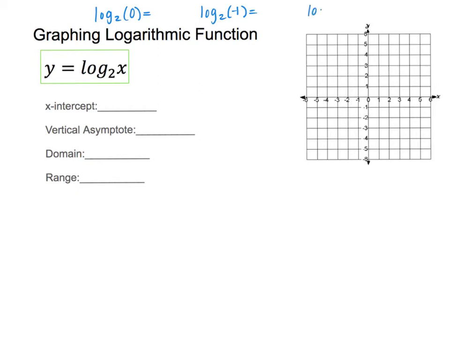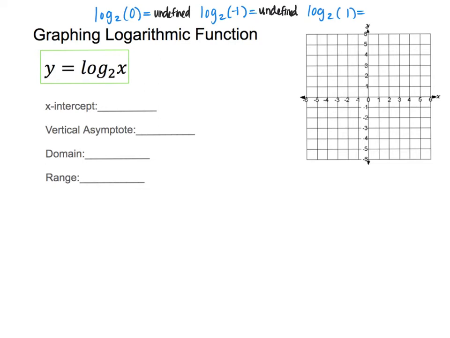And maybe I'll just plug in a positive just to see if it takes a positive. So when I plug in 0 into a log, turns out it won't like it. It actually has no solution, so it's undefined. Okay? A log does not like zeros. Logs also don't like negative numbers, so if you stick in this negative 1, it's also undefined.